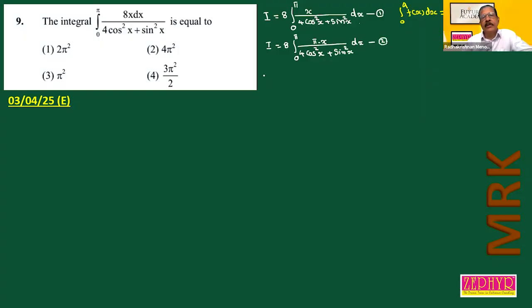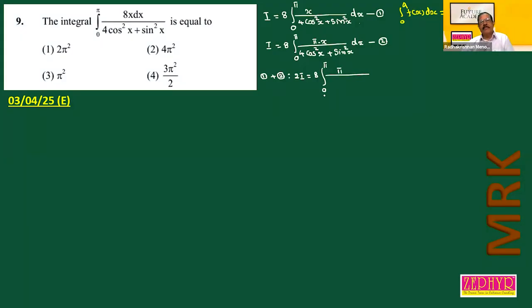We add this 1 plus 2. On LHS, you have got 2I. RHS, 8 into integral 0 to pi. Numerator x cancels. The denominator is the same. So you are getting pi divided by.